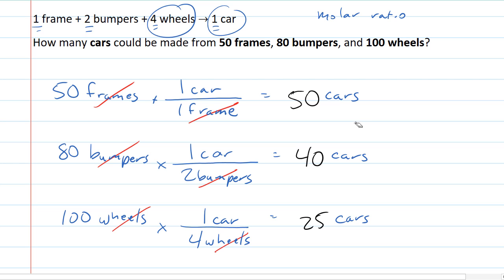Now again, with this batch of parts, we can't wind up with all 3 of these answers. We can only wind up with 1 answer. Again, the reason we wind up with 25 is because once we get up to 25, what happens? We run out of wheels, exactly. So, for these then, even though we calculated them, they cannot be the answer. This here can be the only answer because once again, once we get up to 25 cars, we run out of wheels.